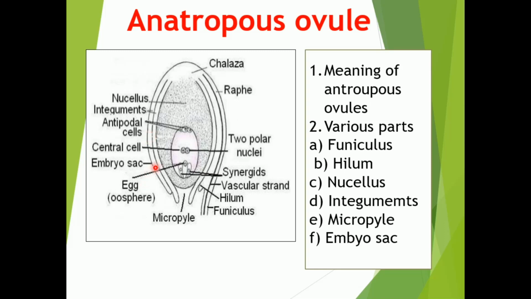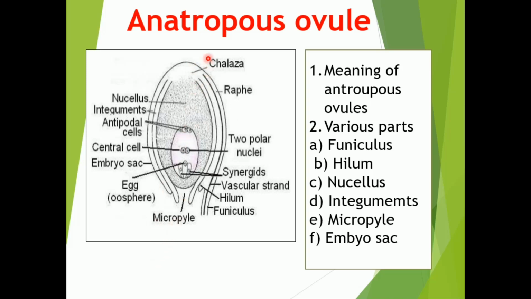A narrow opening at the apex of the ovule is called the micropyle. Second, the chalaza. Chalaza is the base of the ovule, directly opposite to the micropyle.